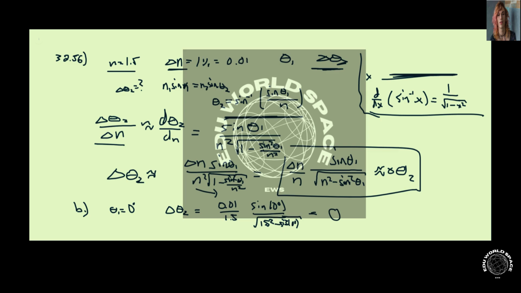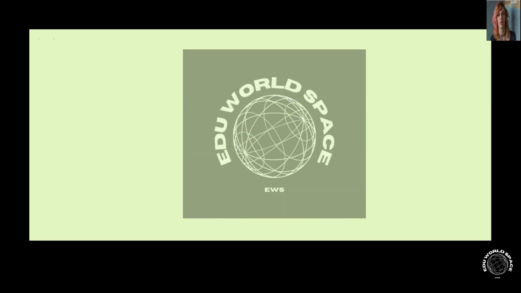Cool. So now let's go to a new page here for part C. For part C, it says if theta 1 equals 90 degrees, what is delta theta 2? Okay, so now we can just start plugging this in here.